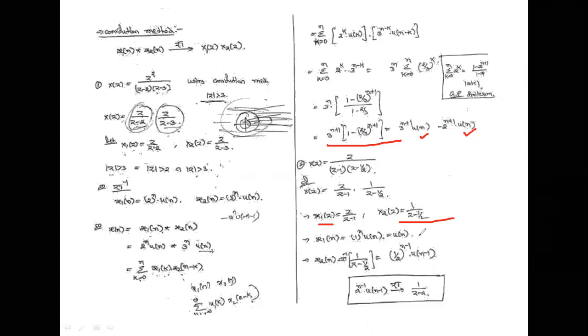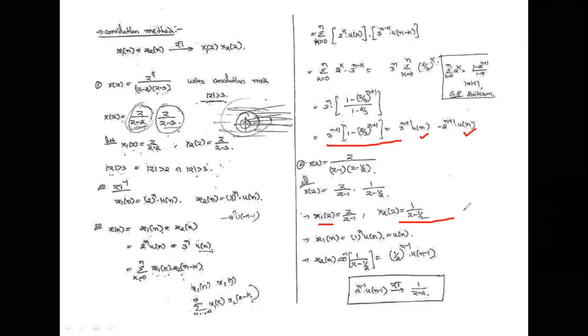When it is z by z minus a, only then we have a power n mu of n. But for 1 by z minus a, the inverse z transformation is (1/2) whole power n minus 1 mu of n minus 1. One sample is shifted towards the right side.